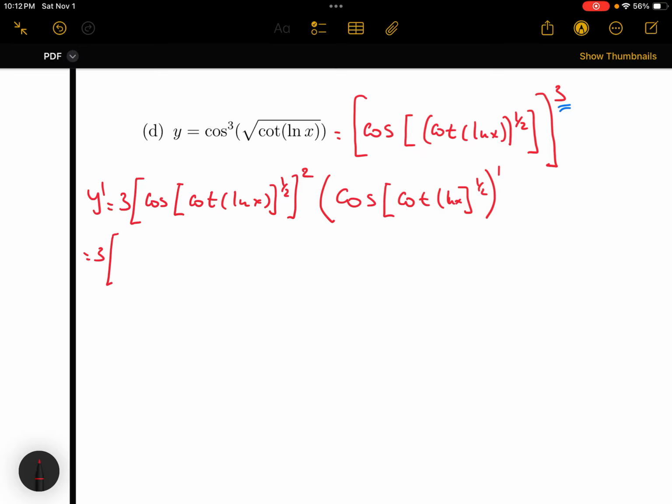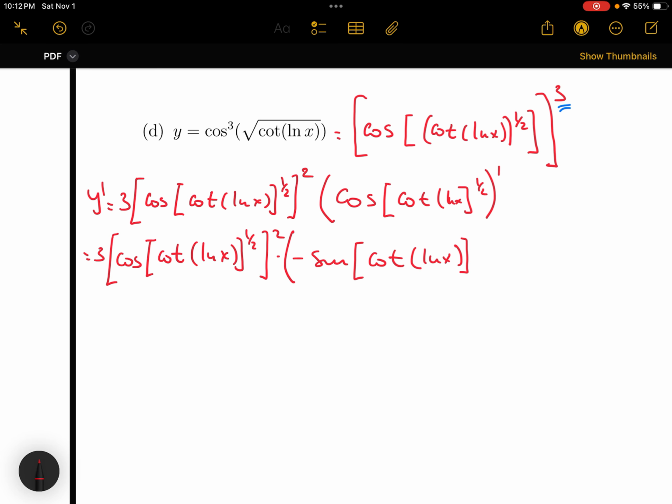Okay, so 3 times cosine of cotangent of ln of x to power 1/2, squared, times derivative of cosine, which is negative sine of square root of cotangent of ln of x, where the cotangent is raised to power 1/2, times the derivative of cotangent of ln of x to power 1/2, and then here prime.